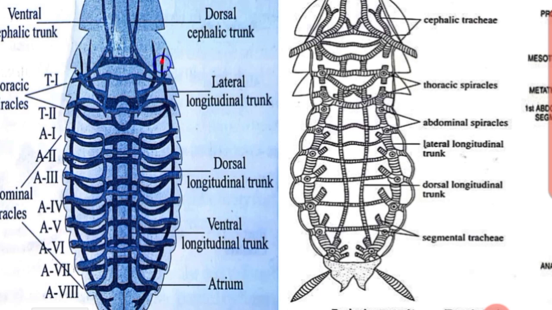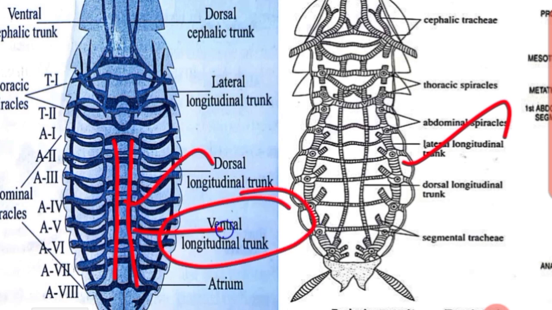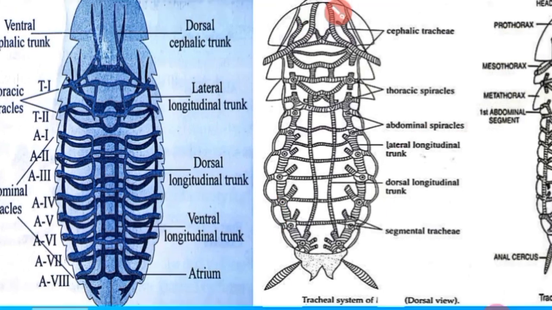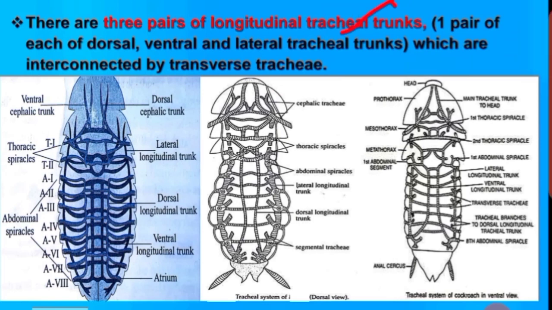On the dorsal side, the dorsal longitudinal trunk; on the ventral side, the ventral longitudinal trunk. These are the tracheal trunks present in the cockroach. So there are 3 pairs of longitudinal tracheal trunks, 1 pair each of dorsal, ventral and lateral tracheal trunk. These trunks are connected by transverse tracheae.